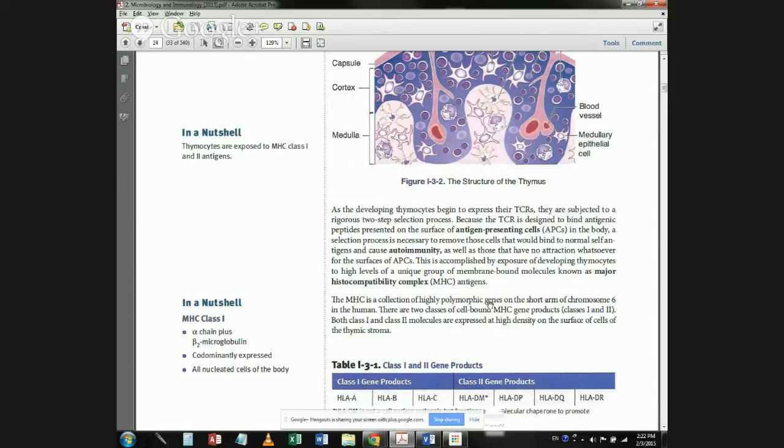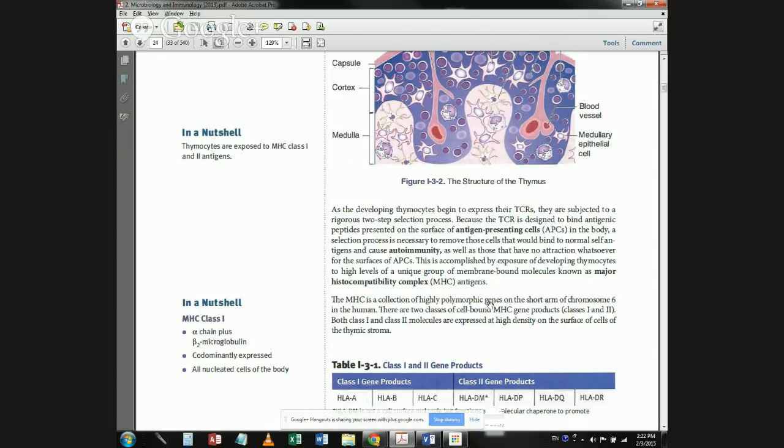Because the T cell receptor is designed to bind antigenic peptides presented on the surface of antigen presenting cells, a selection process is necessary to remove those cells that will bind to normal self antigens and thus cause autoimmunity, as well as those that have no attraction whatsoever for the surfaces of APCs.